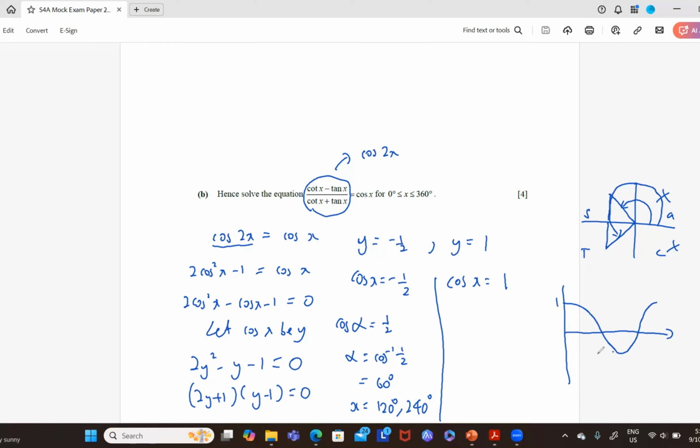This is 1, and this is minus 1, right? So 0, this is 90, 180, 270, 360 degrees. So when will you see 1 is when x equals 0 degrees. And the next time we see 1 is when x is 360 degrees.